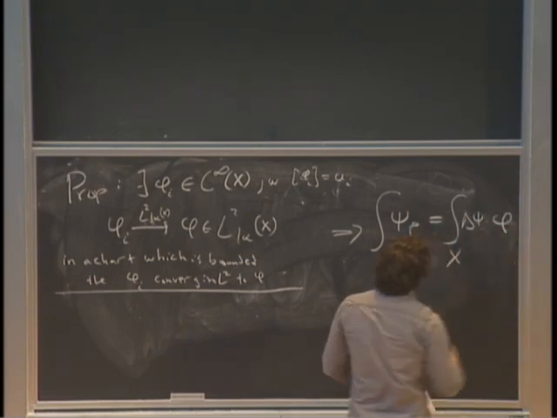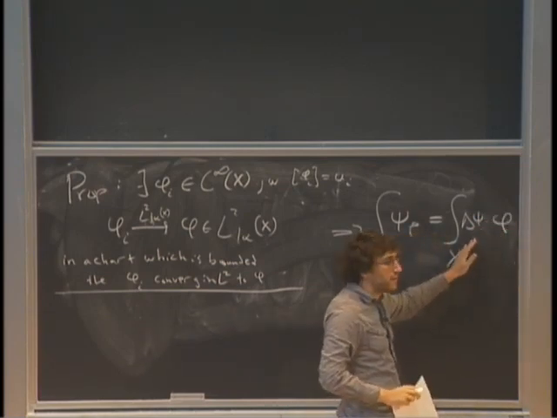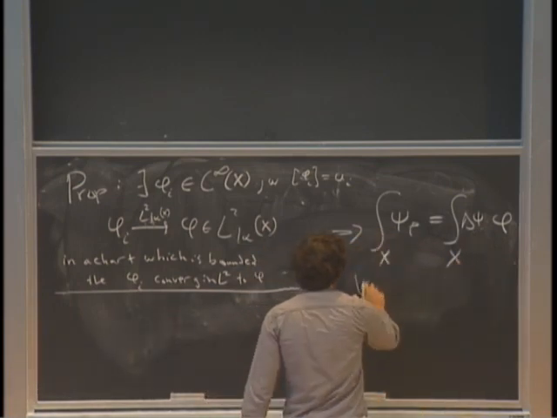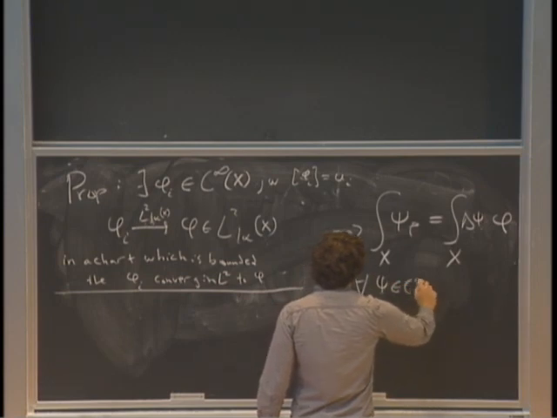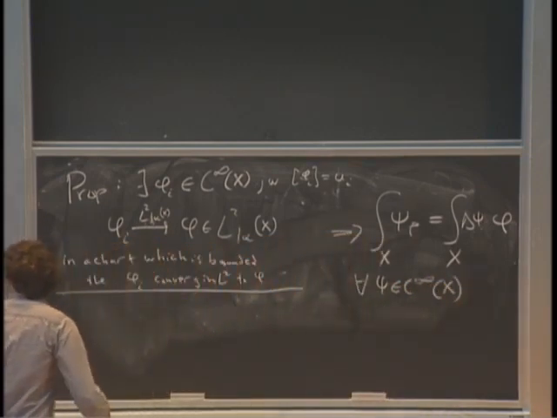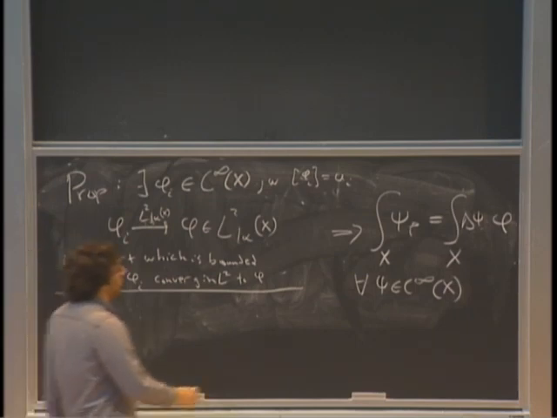This is an L2 function, so this integration makes sense, and this is true for all psi, say, in smooth functions on X. So that's supposed to come from this guy plus star.